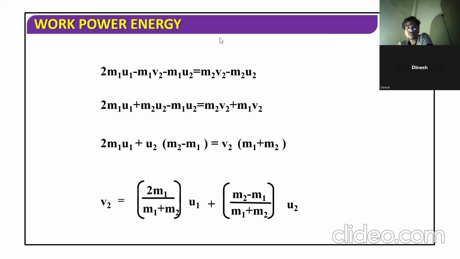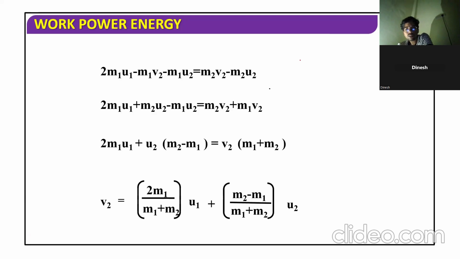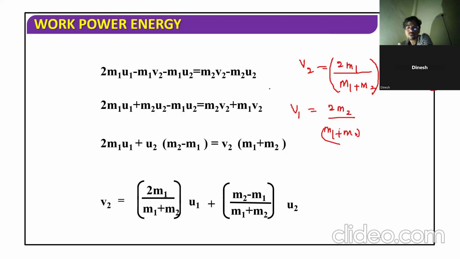If you want to learn, V2 is 2m1 by m1 plus m2 times u1, plus m2 minus m1 by m1 plus m2 times u2. For V1, just change: in place of m1 put m2, in place of u1 put u2, like this. You can check the previous case also.